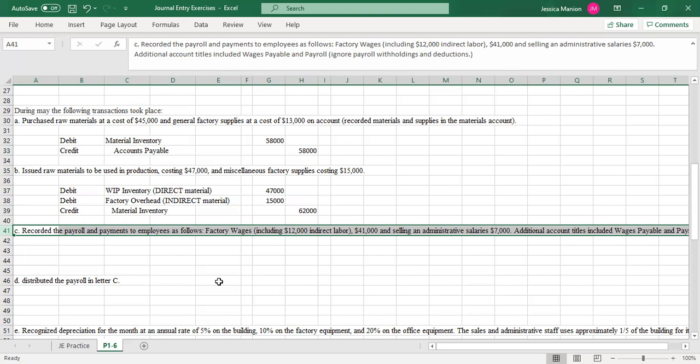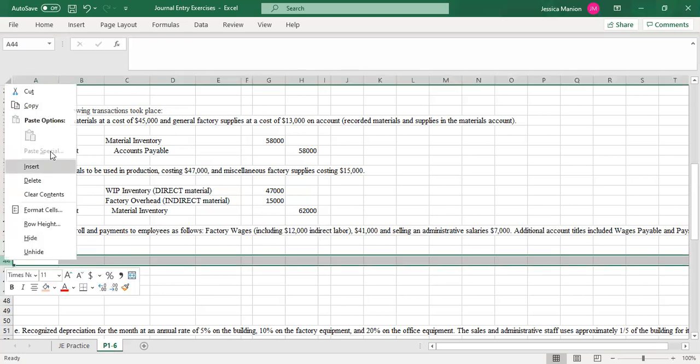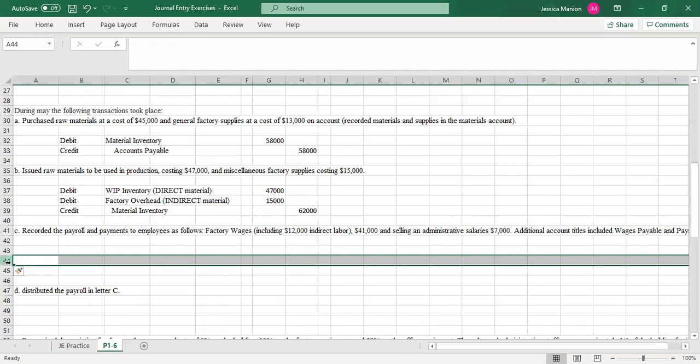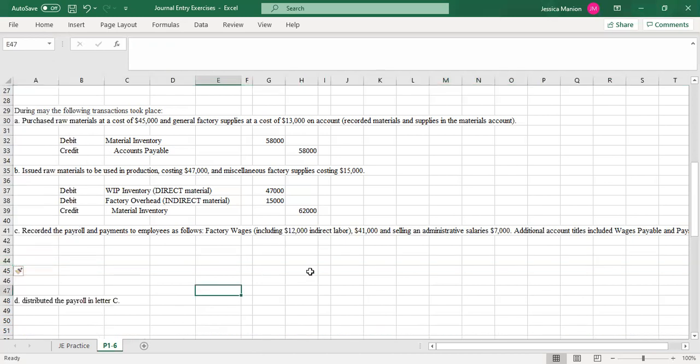So for letter C, basically we've got to record, and I'm going to add a couple lines here. We have to record the overall payroll expense, right? And then we have to record that we paid it as well, right?